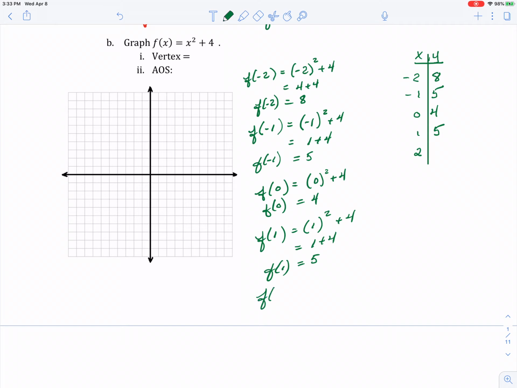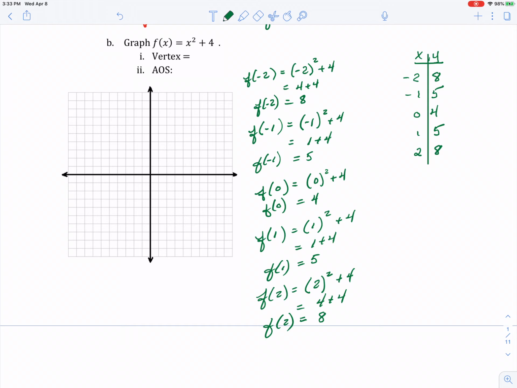And the last one I want to do quickly here is when I substitute in with the 2, square that, and add 4, I get 8.